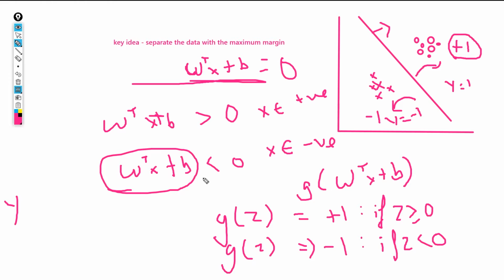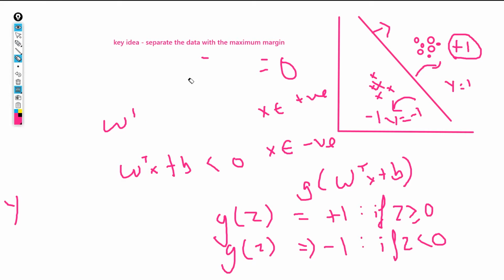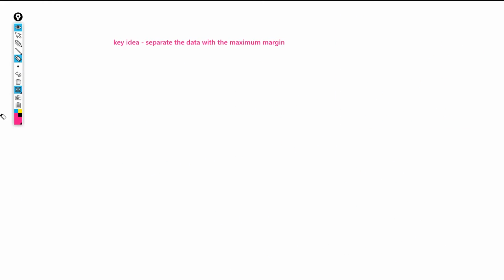Now how are we going to do that? Let me just erase this and then explain to you. Let's suppose you have this graph again. Let's say we have this class, this class, this class, and we have this, and this.